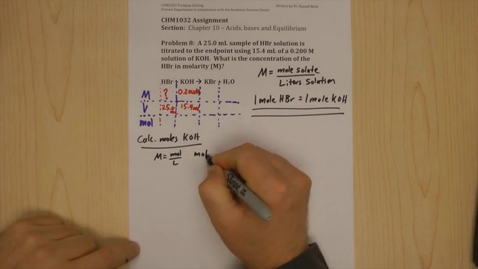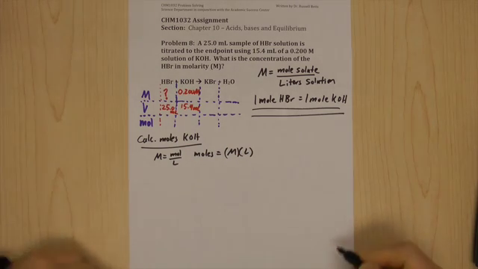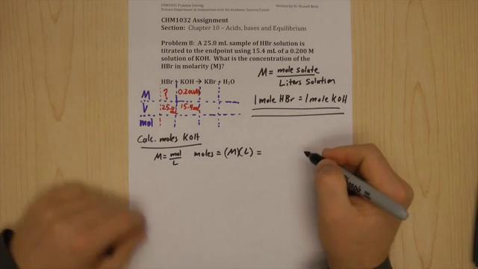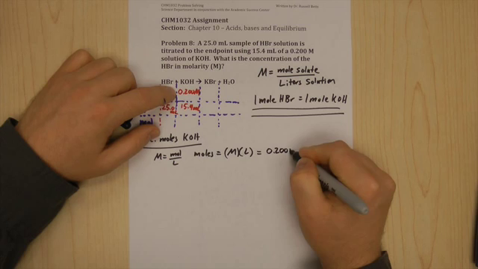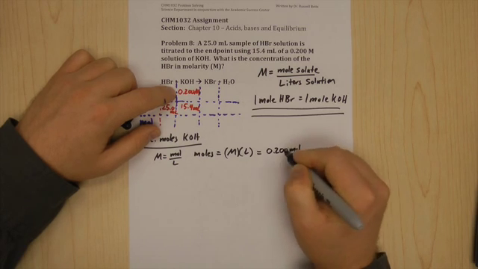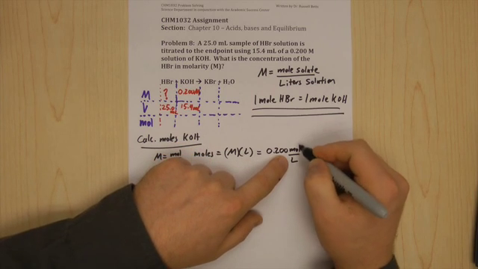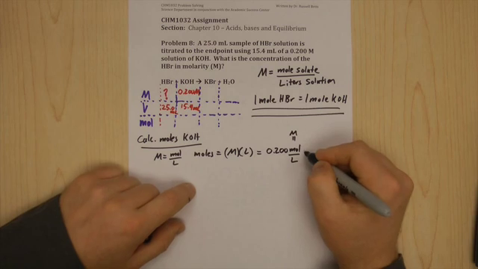So moles equals molarity multiplied by liters. I just rearranged that expression real quick. The molarity is 0.200 moles per liter. That's just molarity, capital M. I just put in the units.